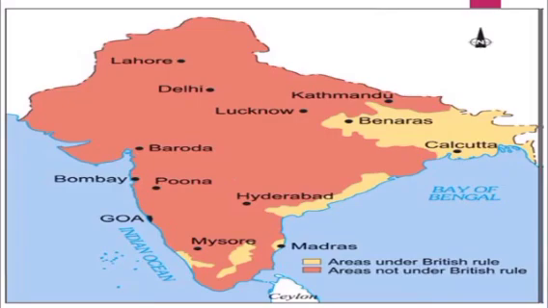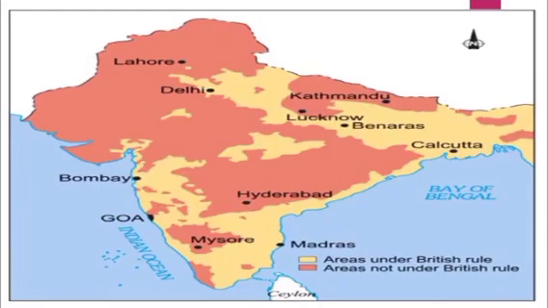Areas under British rule like Benares, Calcutta, Madras. Then areas not under British rule like Lahore, Delhi, Lucknow, Kathmandu, Baroda, Bombay, Pune, Goa, Mysore and Hyderabad.